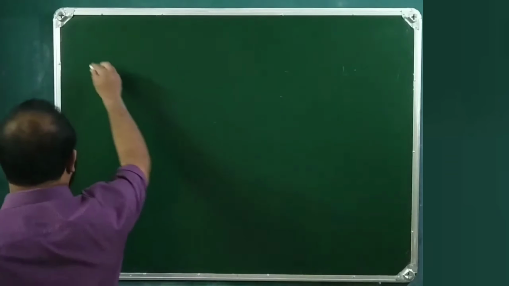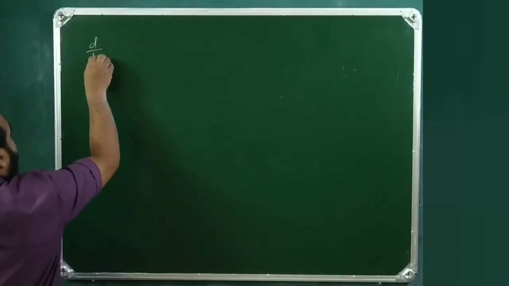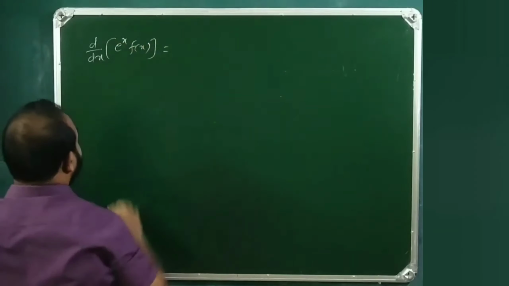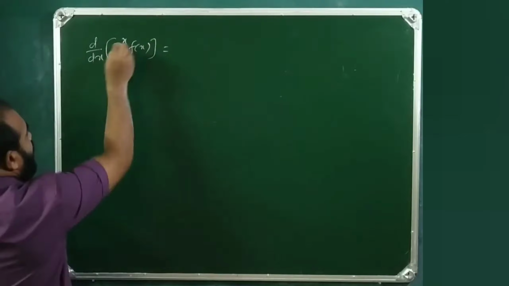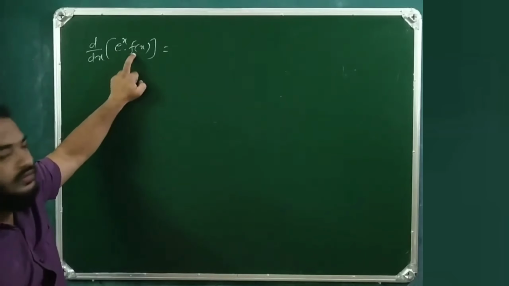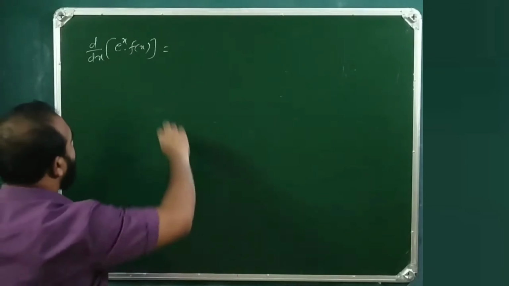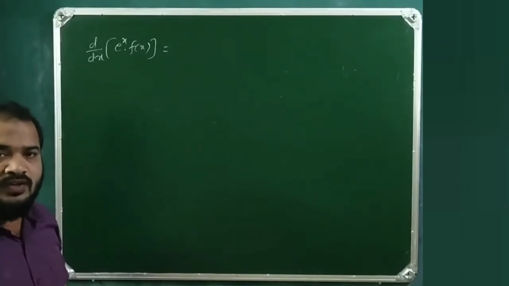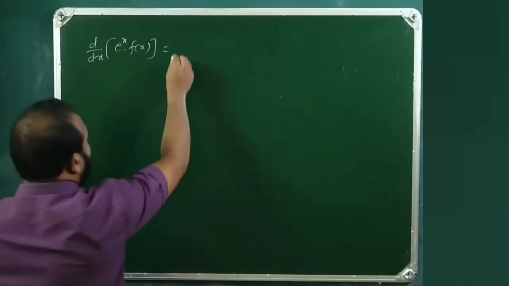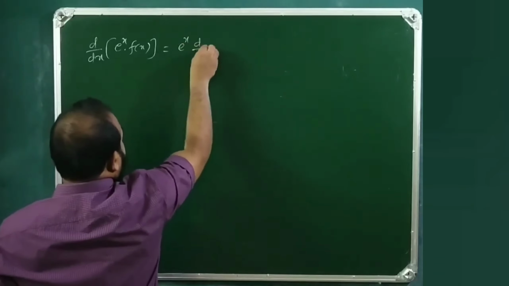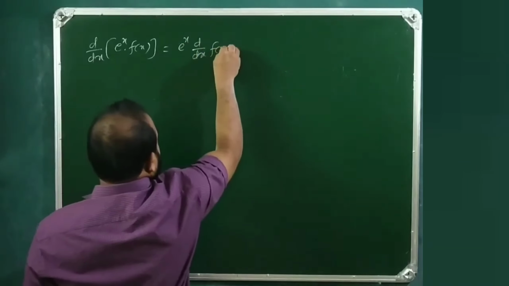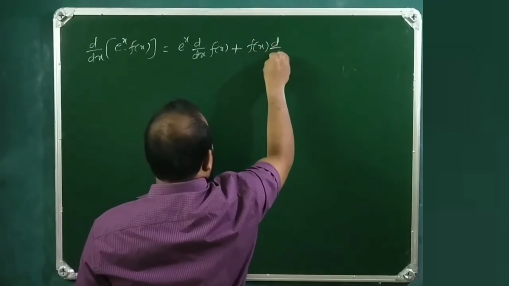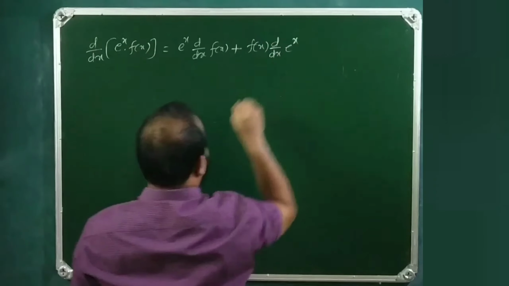So now we know that d by dx of e power x into f of x is like d by dx of u into v, product of two functions. So d by dx of uv is uv dash plus vu dash, that we know. So e power x into d by dx of f of x plus f of x into d by dx of e power x.